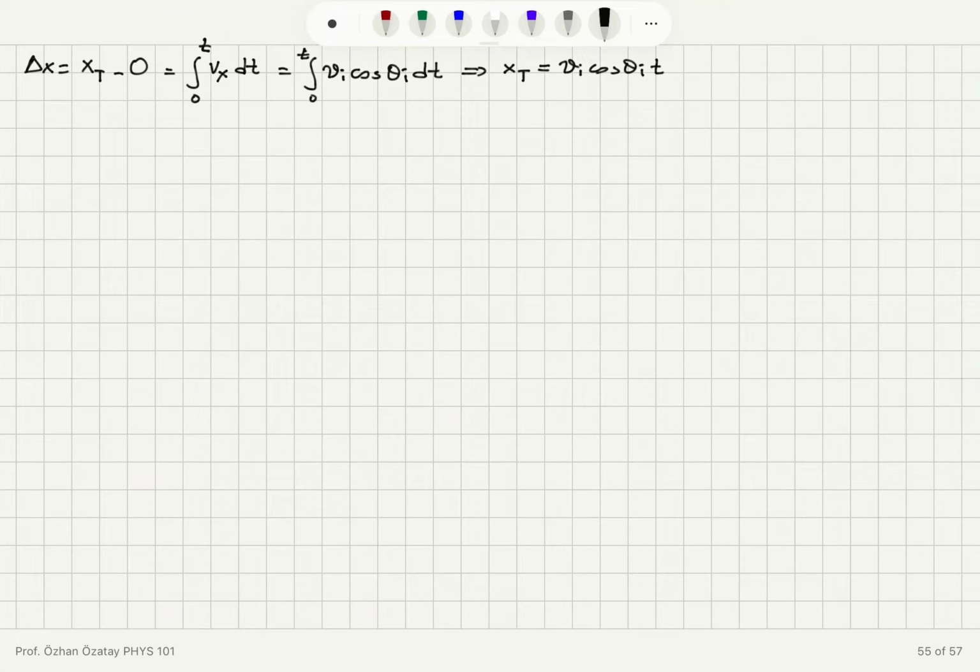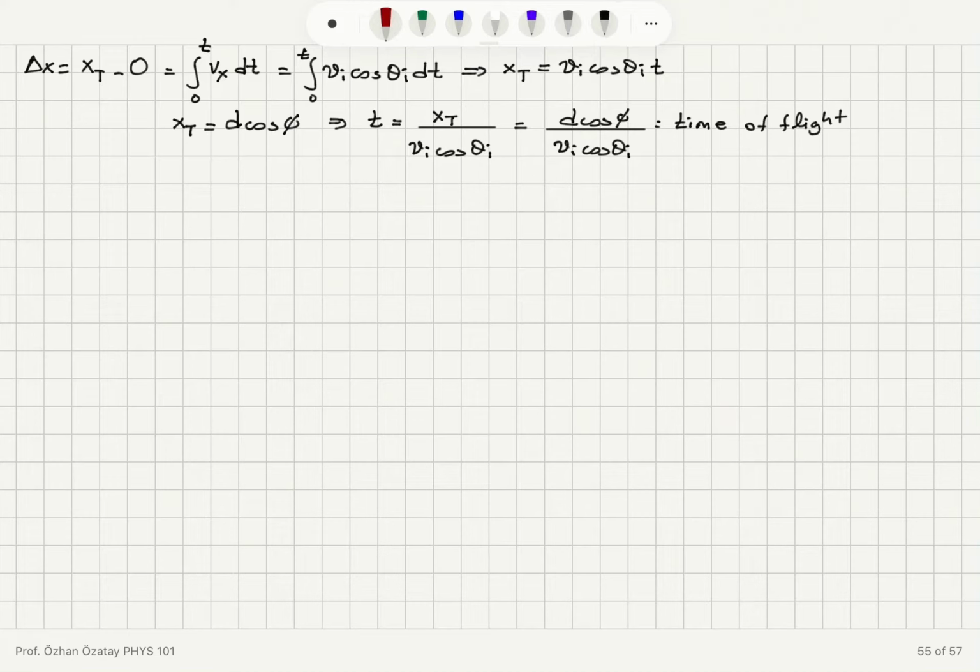And xt was also equal to the distance I travel up the incline times cosine phi. Therefore, I see that what I'm calling t is xt divided by vi cosine theta I, which is d cosine phi divided by vi cosine theta I, the time of flight.